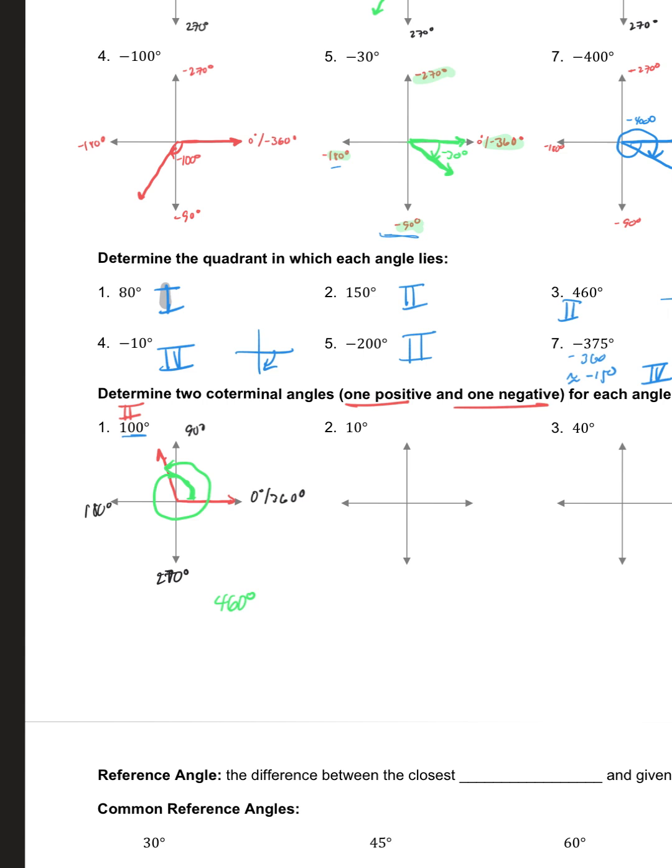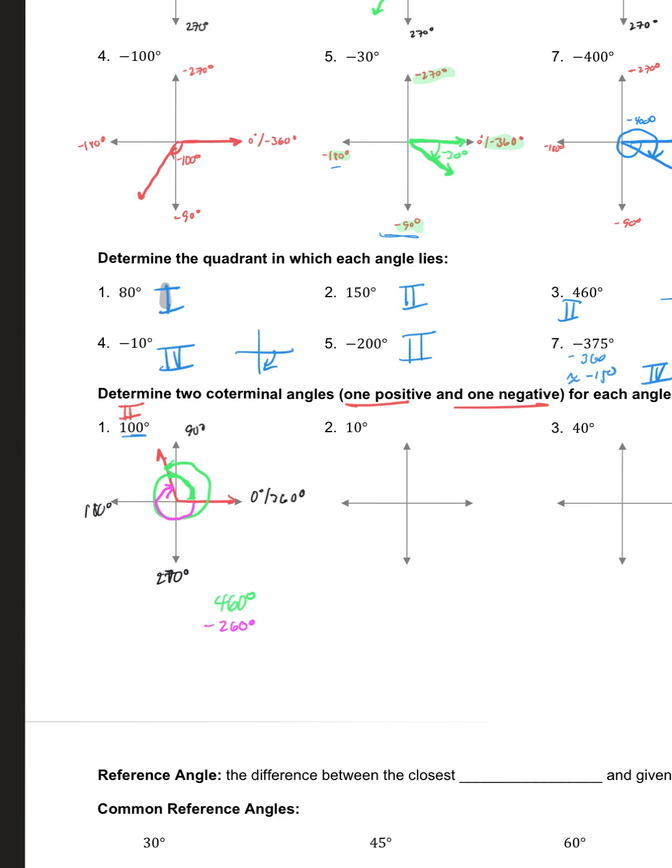Let's do the other way. Now I need a negative one. I'm going to start at the same initial side and end on the same terminal side. If I go all the way around and wind up here, that's going to be a negative 260. Let's figure out how we did this.